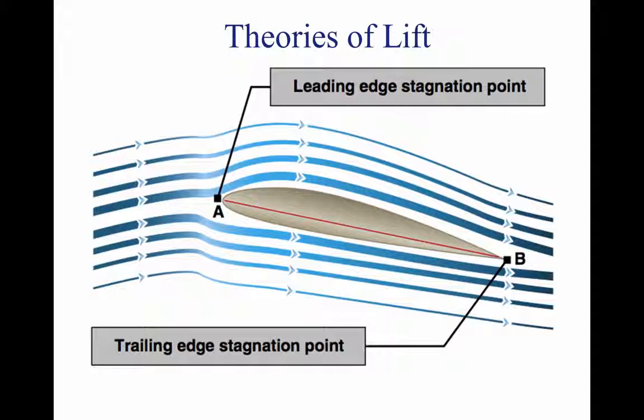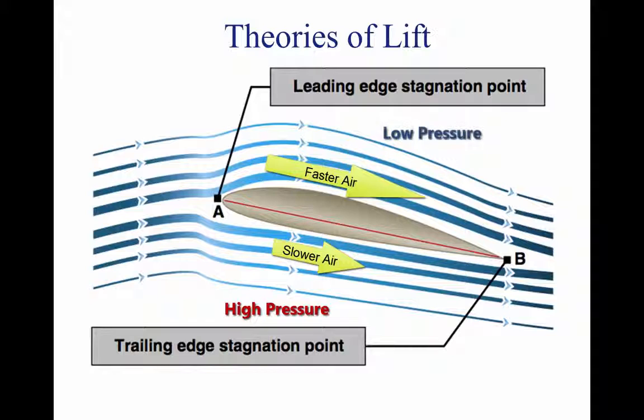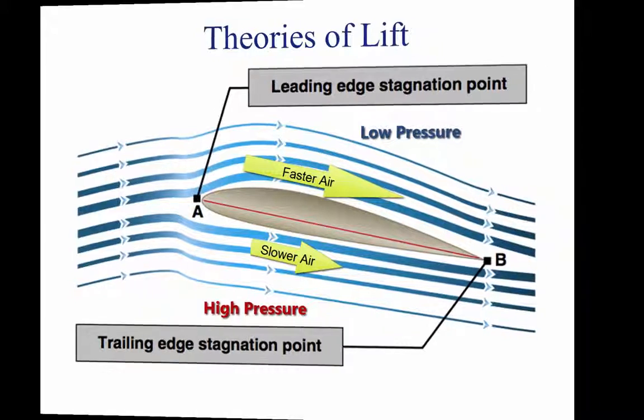Magnus's research shows the basic principle that a wing causes air to move faster over the top and slower over the bottom of the wing, causing a higher pressure at the bottom of the wing and lower pressure on the top of the wing. This low-pressure area produces an upward force known as the Magnus effect.